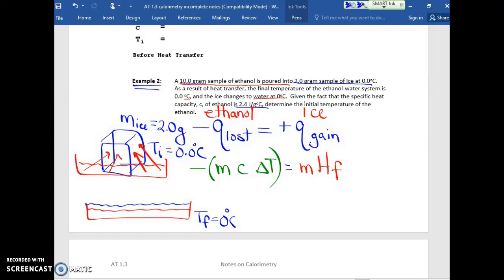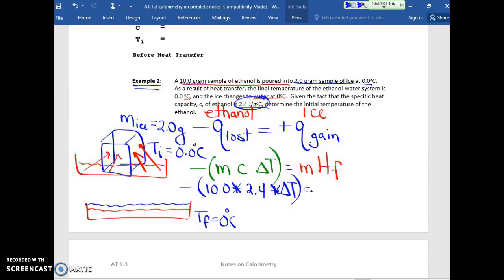Let's plug our values in. It's a 10-gram sample of ethanol. And the specific heat, we told you here, was 2.4. Now, we're going to solve for the change in temperature for the ethanol.